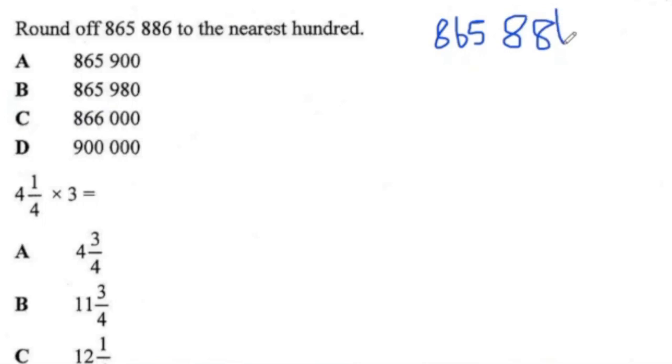We have 865,886. So the nearest hundred is this one. So that means this is going to get affected, and we're going to get rid of this. So this is the next number. So we're going to look at this number. Since this is 8, I'm going to write this in advance. I'm going to write 80.